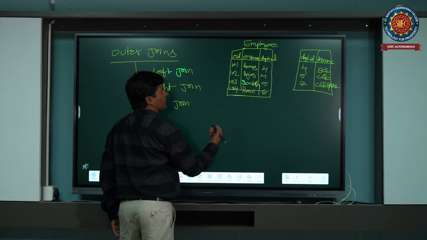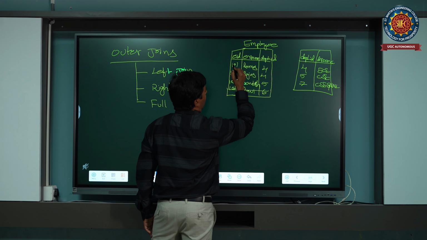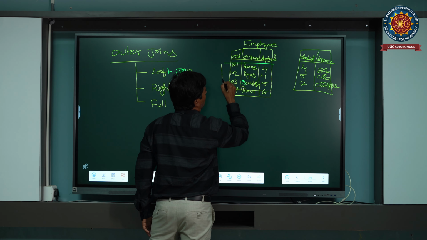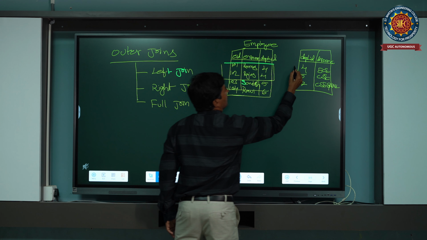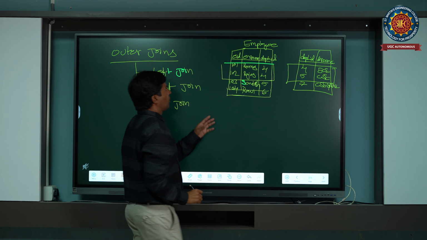Generally in the equijoin, which rows are you going to select? If you go for equijoin, these are the only two rows you are going to select.